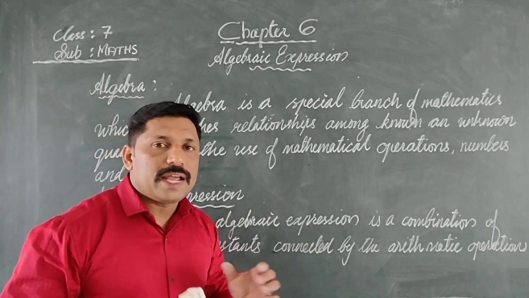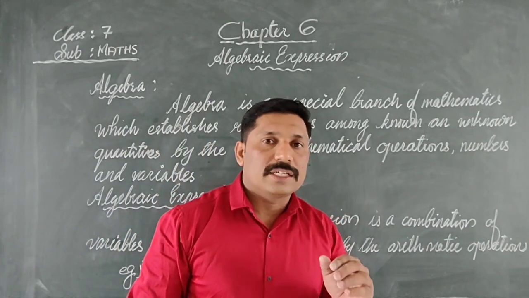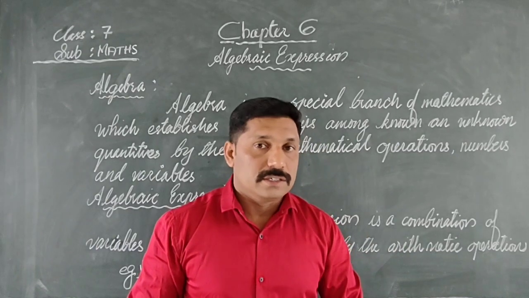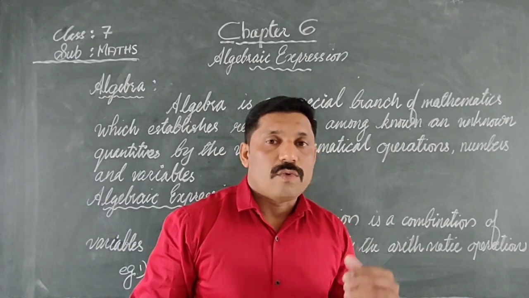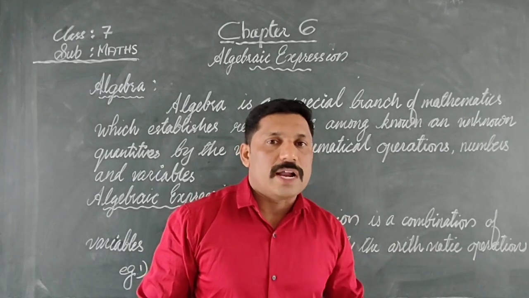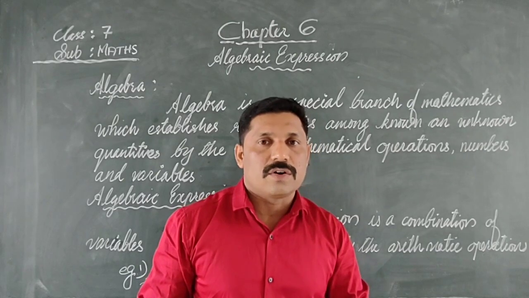And what is an algebraic expression? An algebraic expression is a combination of variables and constants. Last year you studied what is a variable and what is a constant. A variable means an unknown value which we represent by any letter or alphabet.